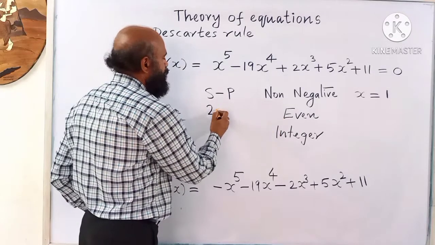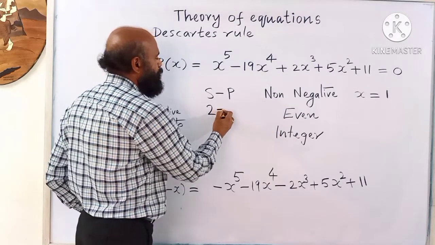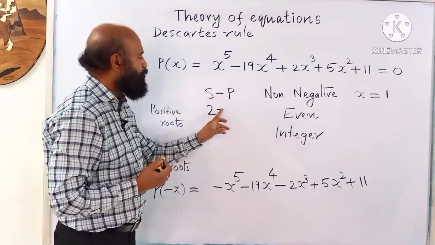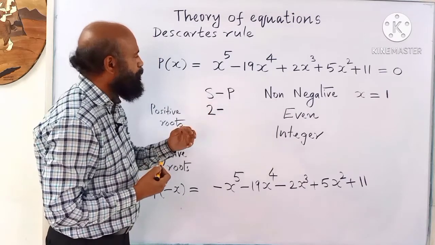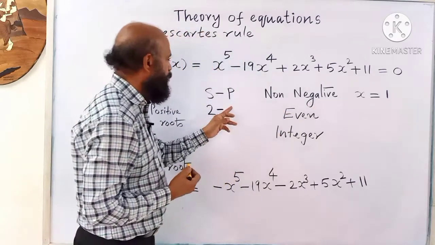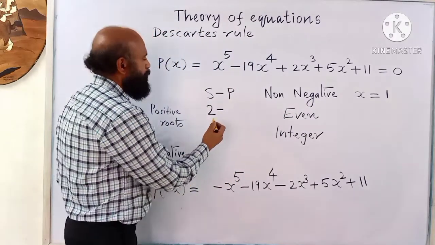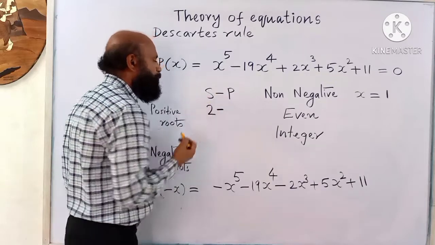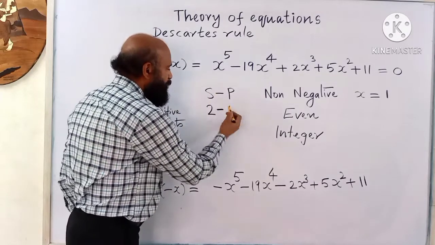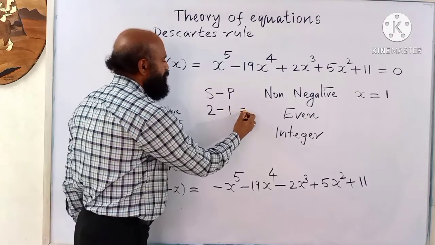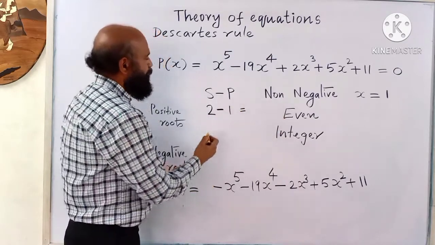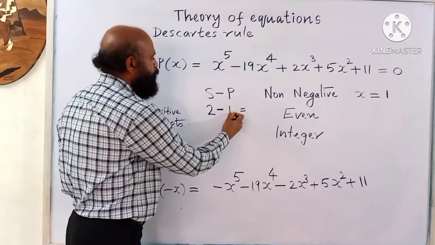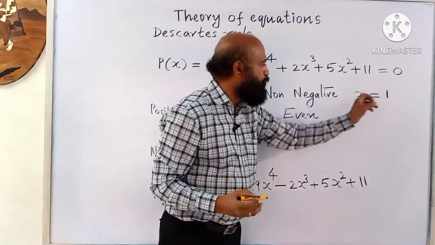So suppose we are taking the number of positive roots as 1. So 2 minus 1, 1, it is an odd number, but it should be even. So it cannot be 1. Then it cannot be 0, because already you know x is equal to 1 is a solution.